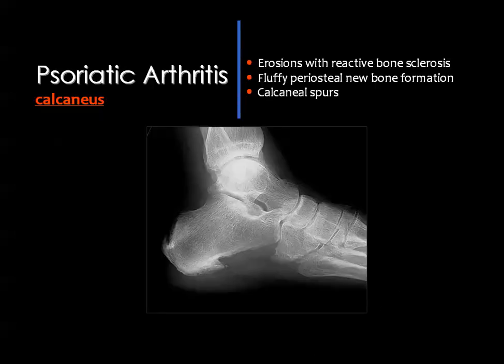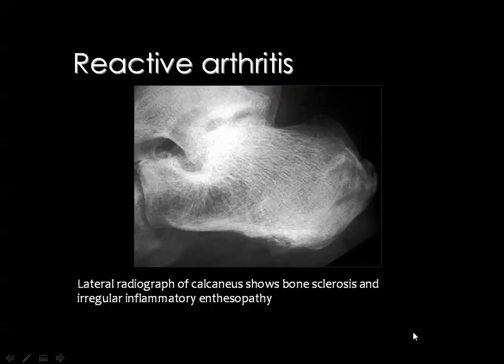And in the calcaneus, you get erosion with reactive bone sclerosis. You get fluffy periosteal new bone formation and a calcaneal spur. And this calcaneal spur, as well as the periosteal new bone formation, are also seen in cases of Reiter syndrome, but you still remember that the differential diagnosis depends mainly on the clinical manifestations of the specific disease in other parts of the body.